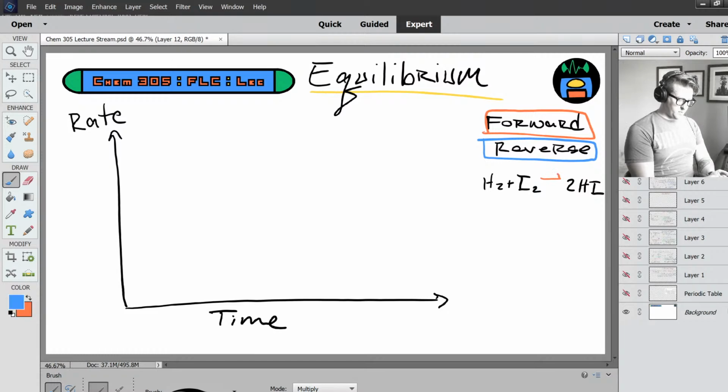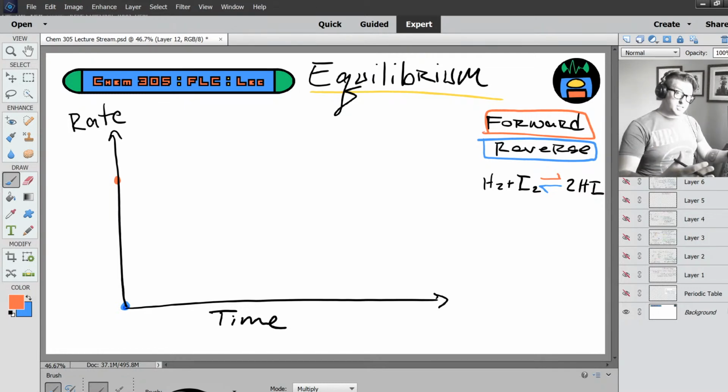That is the forward, and this is the reverse. At the very beginning, before we make any HI, its concentration is 0. So the rate of the reverse reaction at the very start is 0, whereas the reaction rate for the forward reaction is high because the concentrations of H2 and I2 are high.